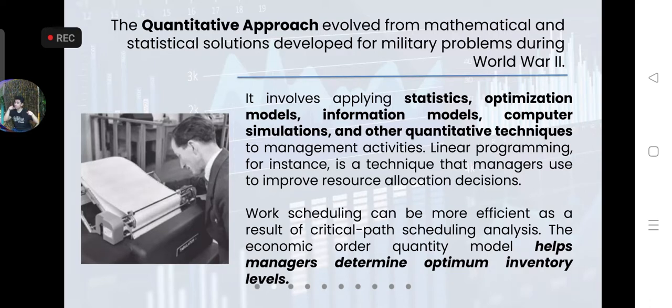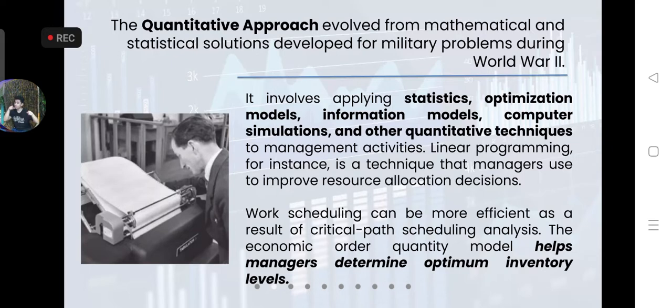It involves applying statistics, optimization models, information models, computer simulations, and other quantitative techniques to management activities. Linear programming, for instance, is a technique that managers use to improve resource allocation decisions. Work scheduling, for example, can be more efficient as a result of critical path scheduling analysis.